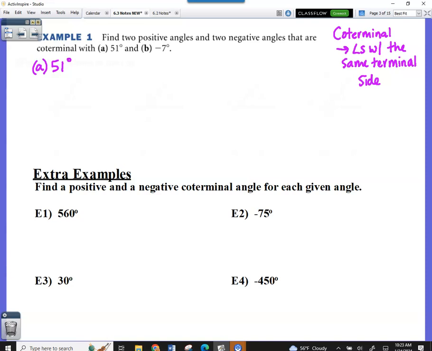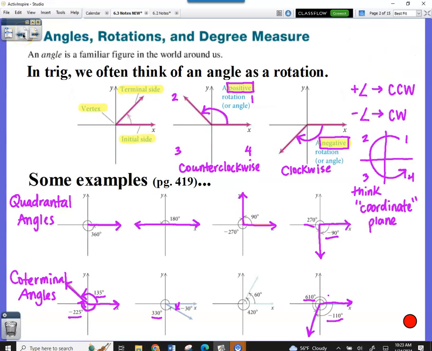Imagine where 51 lands. Let's go back here. Let's work with 90. All right, we have 90 degrees here, right? If I want to get another angle that lands in that exact same spot, what do I need to do? Yes, that works.